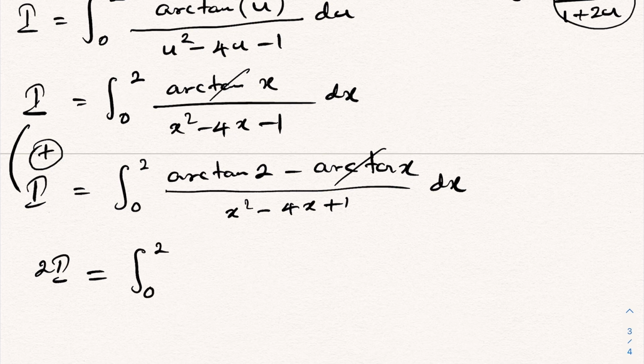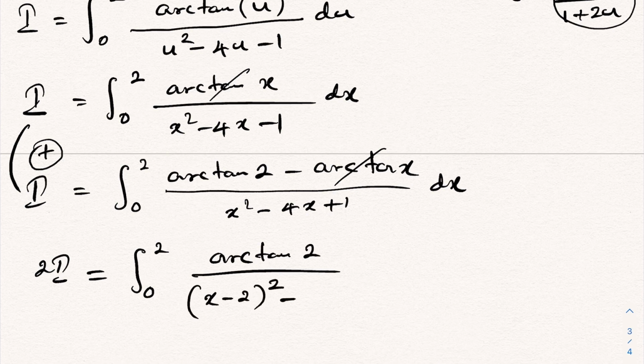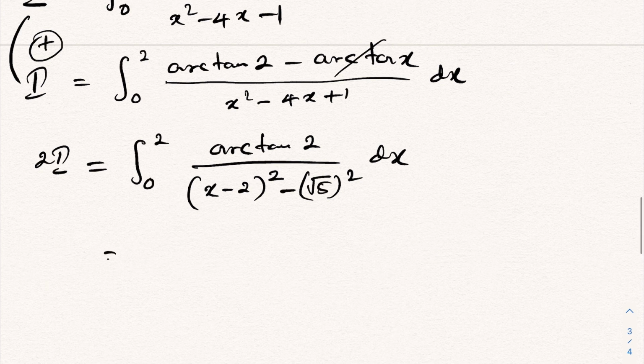0 to 2 arctan of 2 over x squared minus 4x minus 1. So we can write as a perfect square, (x minus 2) squared minus (square root of 5) squared, dx. Okay, then we know here arctan of 2 times.